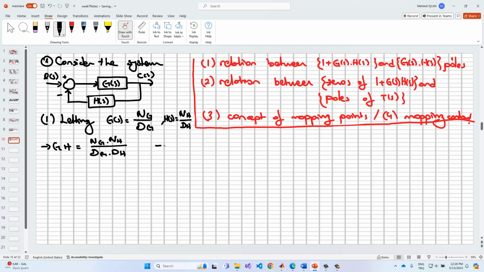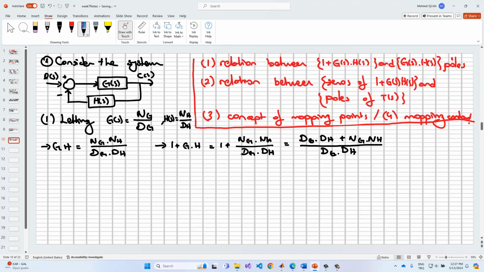It's given in here. This is 1 plus GH, which equals 1 plus N_G N_H divided by D_G D_H, and so we yield D_G D_H plus N_G N_H divided by D_G D_H.